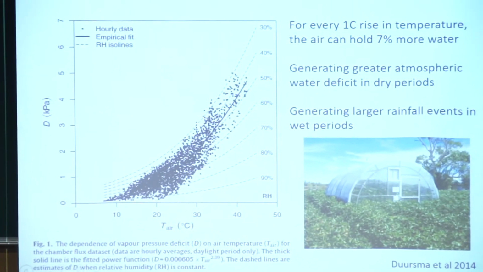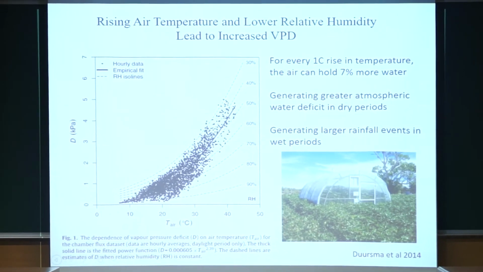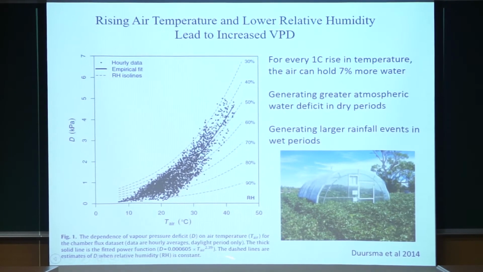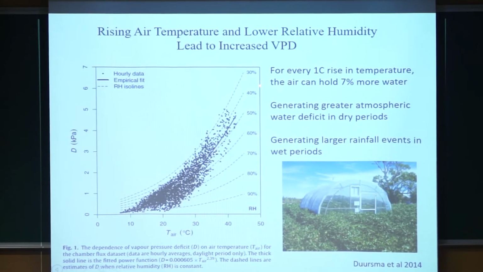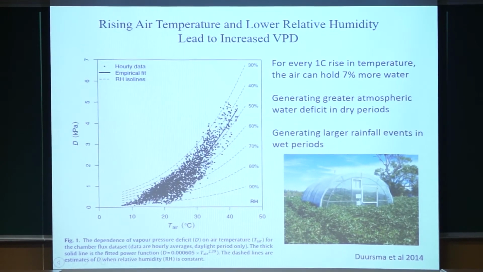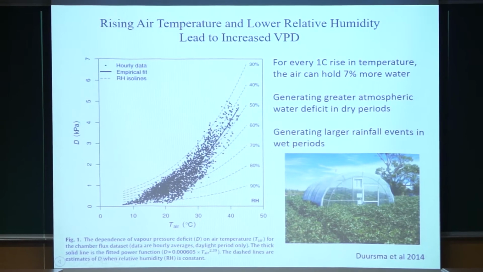One of the reasons that this is important is that if we look at something like vapor pressure deficit, or the ability of the air to hold moisture, and we look at air temperature and relative humidity, what we're finding is that for every 1 degree rise in temperature, the air can hold 7% more water. And that has consequences.